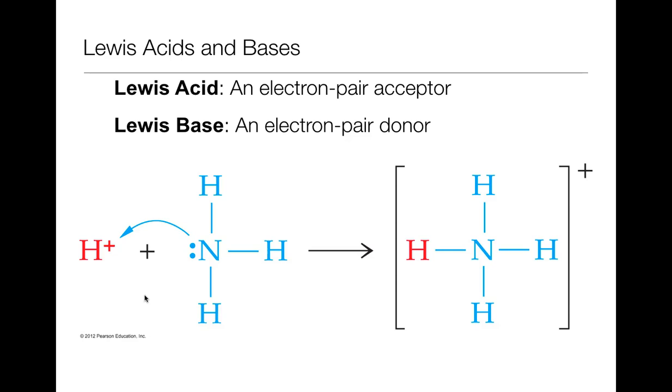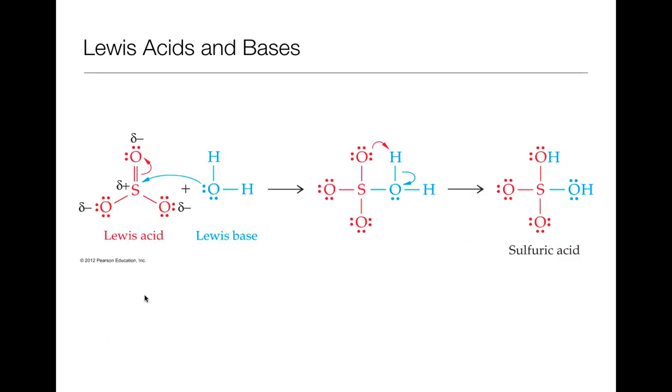The H+ accepts it. So the H in this case is our Lewis acid, which is our traditional definition of an acid. And our Lewis base is the one that donated the pair of electrons and accepted the hydrogen. So in this case, when we're looking at a straight up acidic proton plus a base, it's both a Lewis acid, Lewis base reaction, and also a Bronsted-Lowry acid, Bronsted-Lowry base reaction.